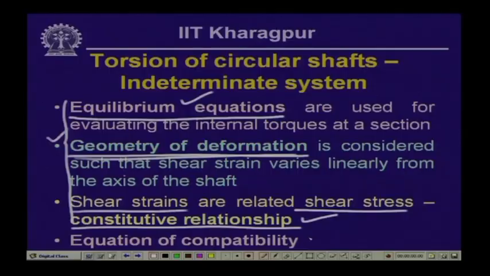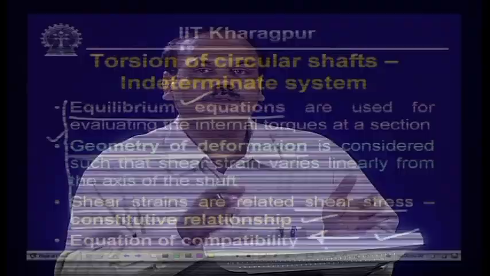In case of an indeterminate system, we need another criterion, which is the equation of compatibility, and from this we can generate another equation from which we can solve the internal resisting twisting moment, and thereby the internal twisting moment at any point in the shaft in terms of those support moments.